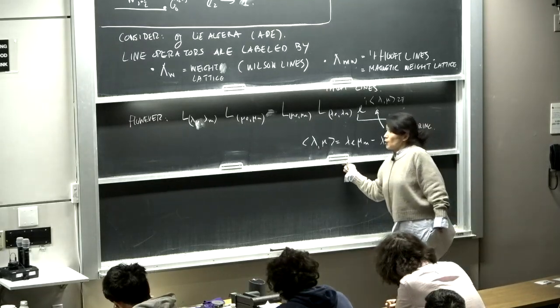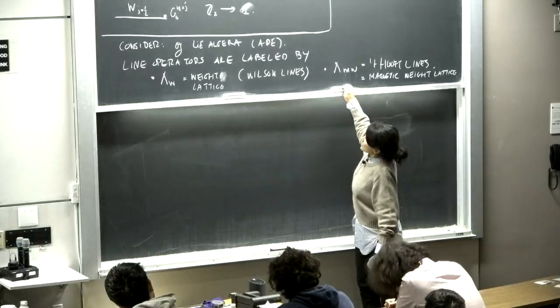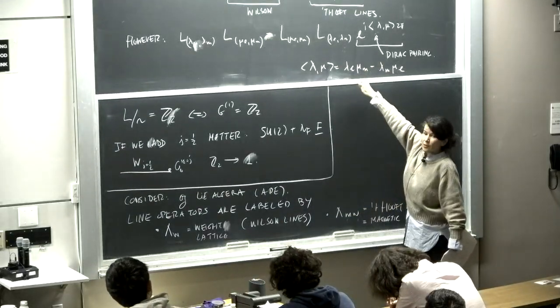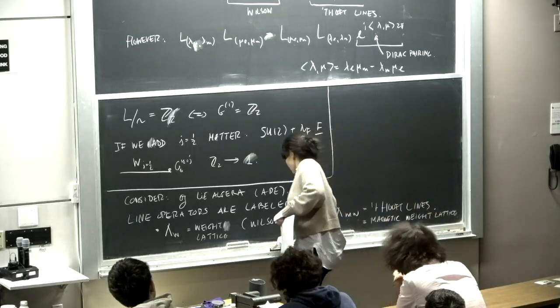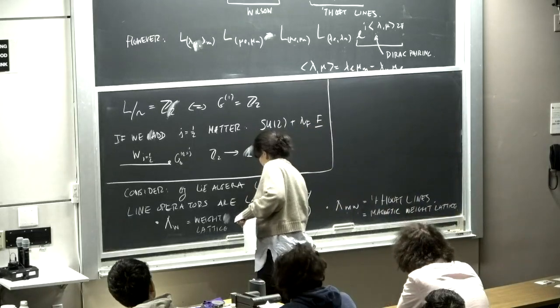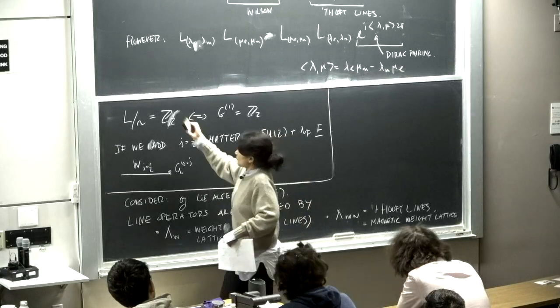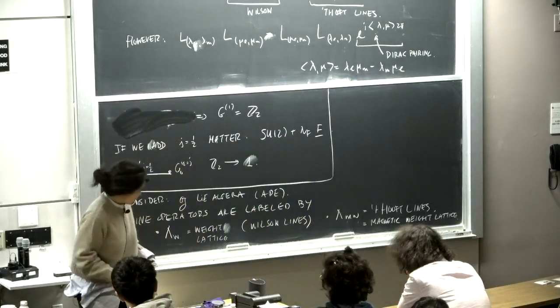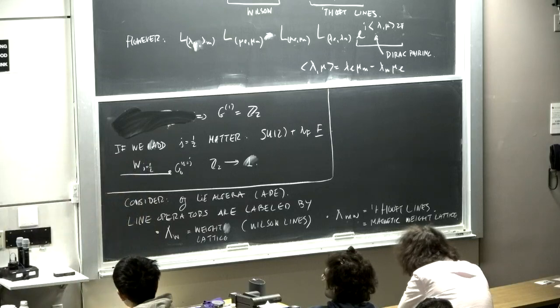So in fact, I should only be looking at configurations where this is actually integral. Only such things we should really call theories which have a consistent set of line operators.